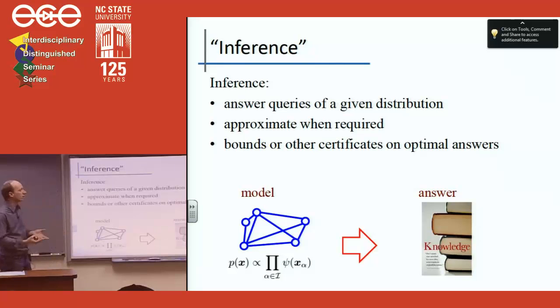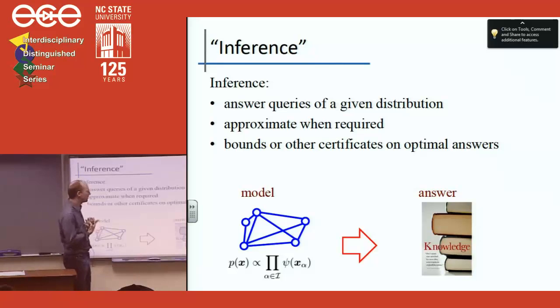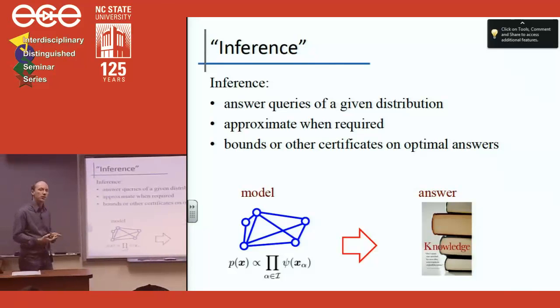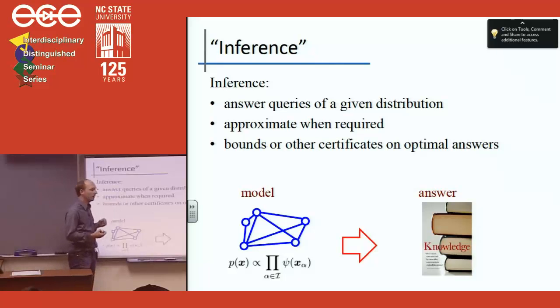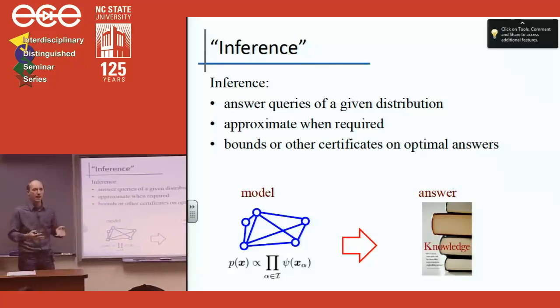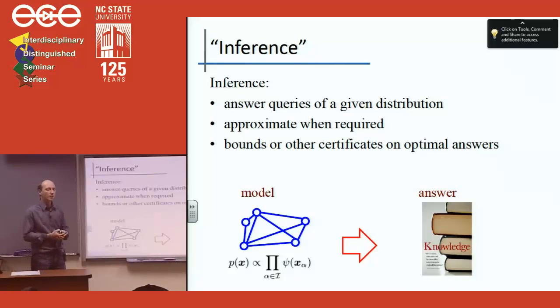So we've got the model, and we'd like to answer some query. Often we'll see that this is combinatorially hard, so we'd like to have some approximation algorithms that will make it more efficient. And since we're going to be required to approximate things, sometimes it'll be very useful to get bounds or some other kind of optimality certificates from our solutions.